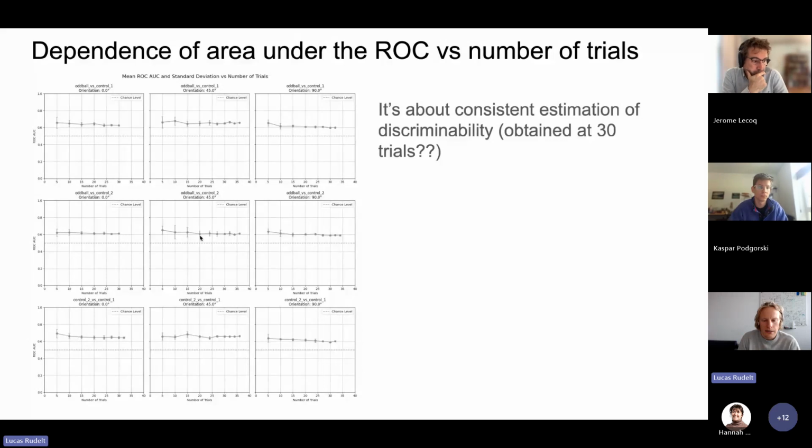Essentially, we would look at how many units would achieve that statistical power with a given number of trials. This is a complementary analysis that can help, plus the analysis that Nicolas will show next week.